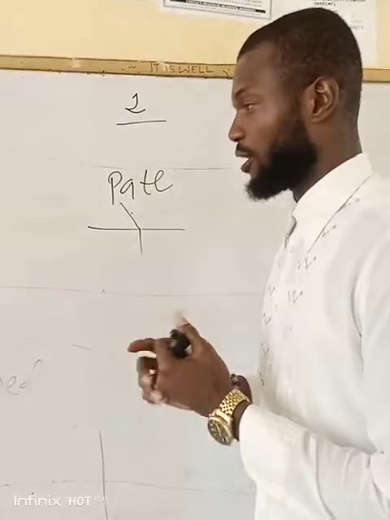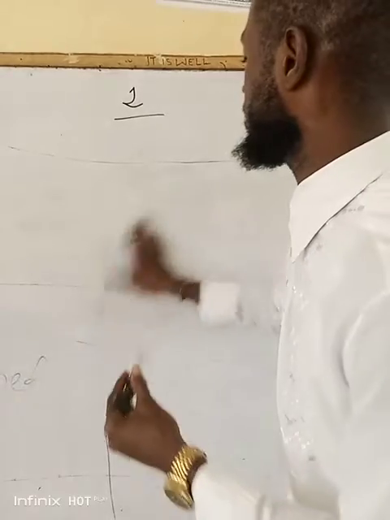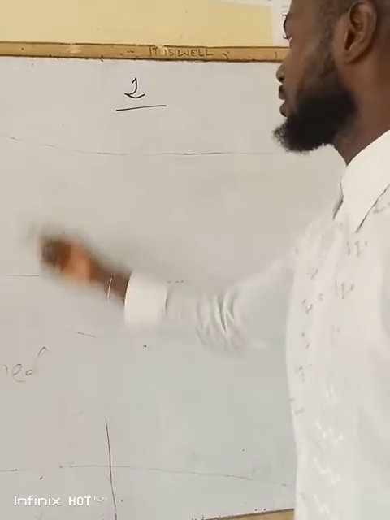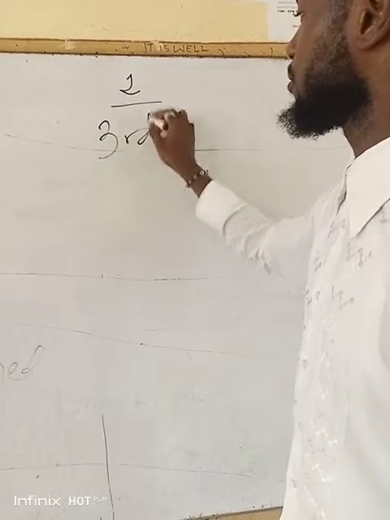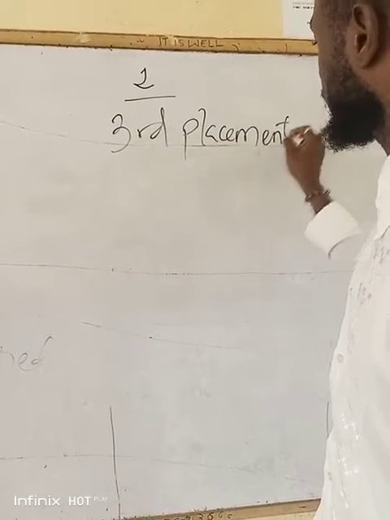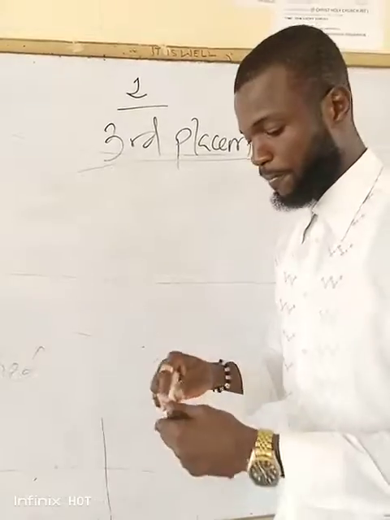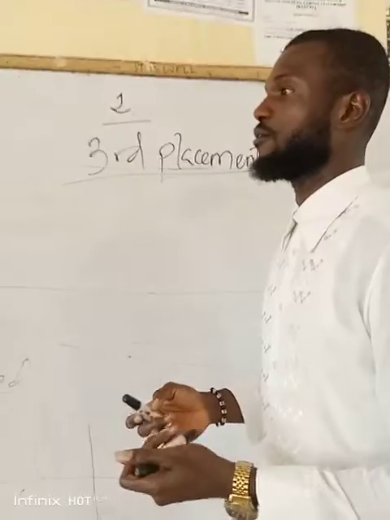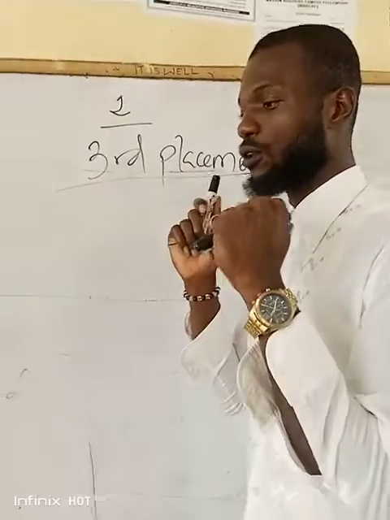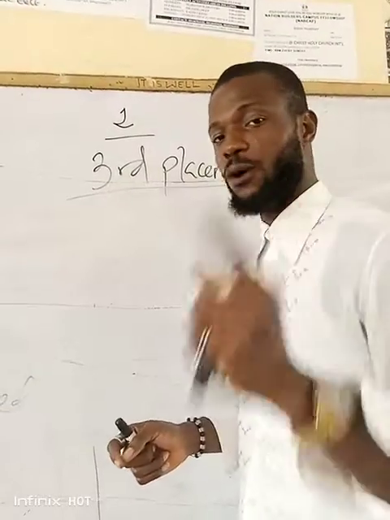Alright, now I want us to enter the next phase of this course. Now, the next phase is what? The third placement. Now, the third placement of the vowel, this rule is applicable to all the consonant strokes, especially the horizontal ones.